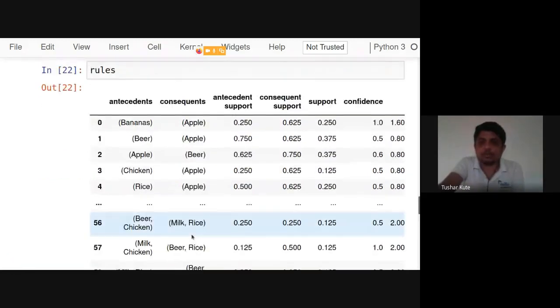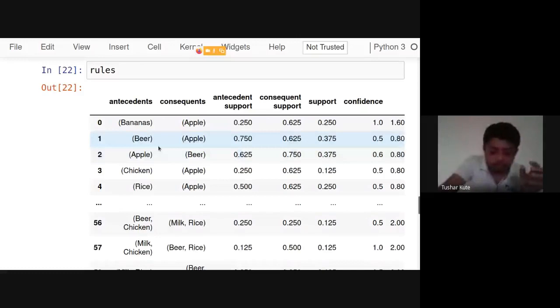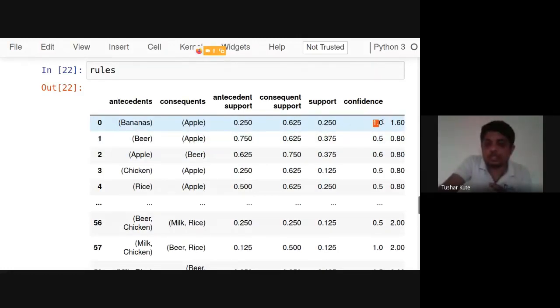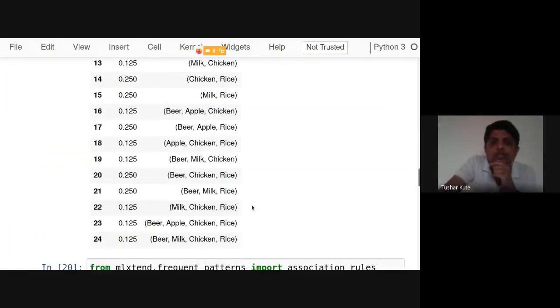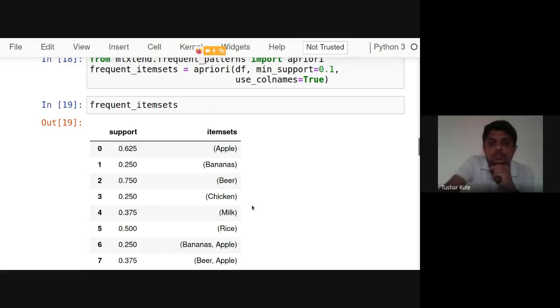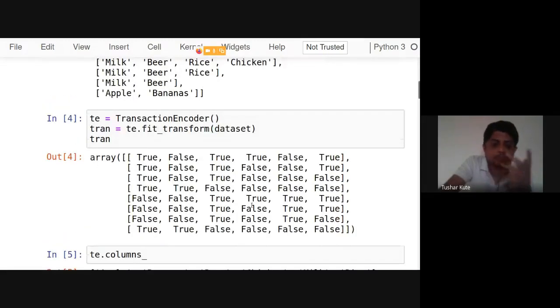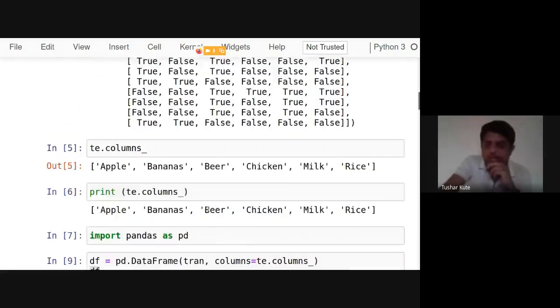See what we have: antecedent and consequent. If I have banana, then I also take apple, with confidence 100%. Is that apple and banana confidence 100%? I can check. Yes, bananas and apple, 2 out of 2.